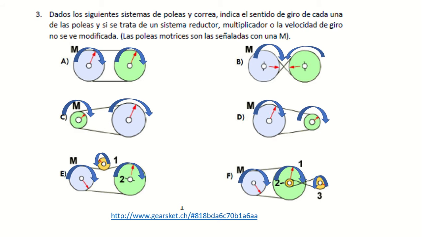Okay. And here is the example I told you.